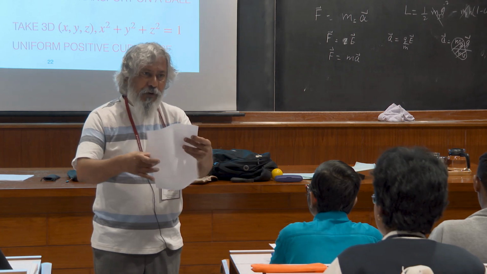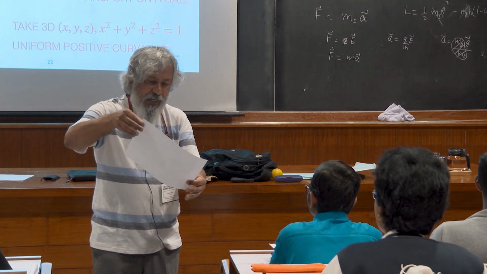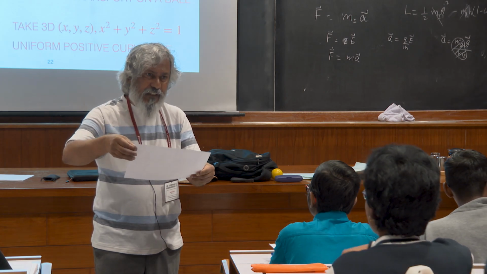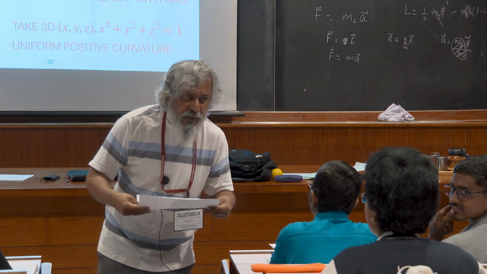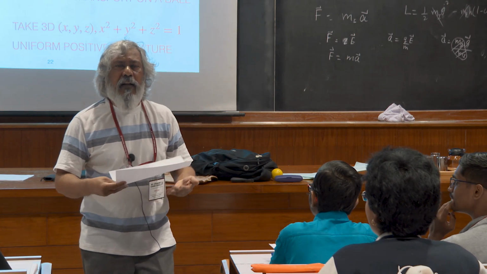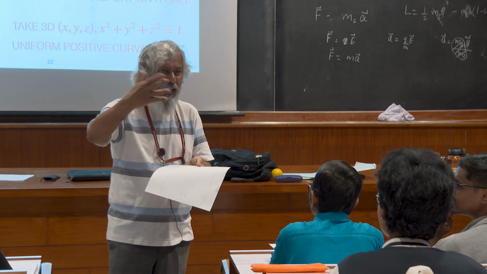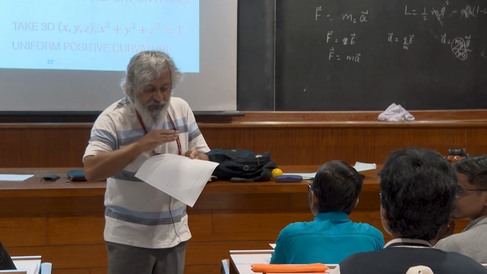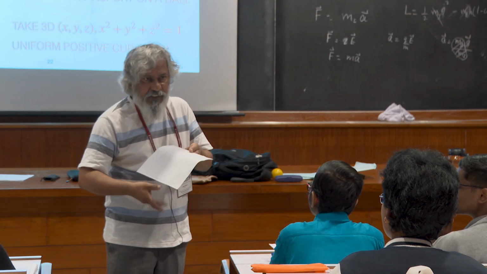If I am a bug living on the paper, I don't know that any distance inside the paper has changed. No. Let's distinguish between intrinsic and extrinsic curvature. Intrinsic curvature is zero for a paper. That depends on the distance relations between points.